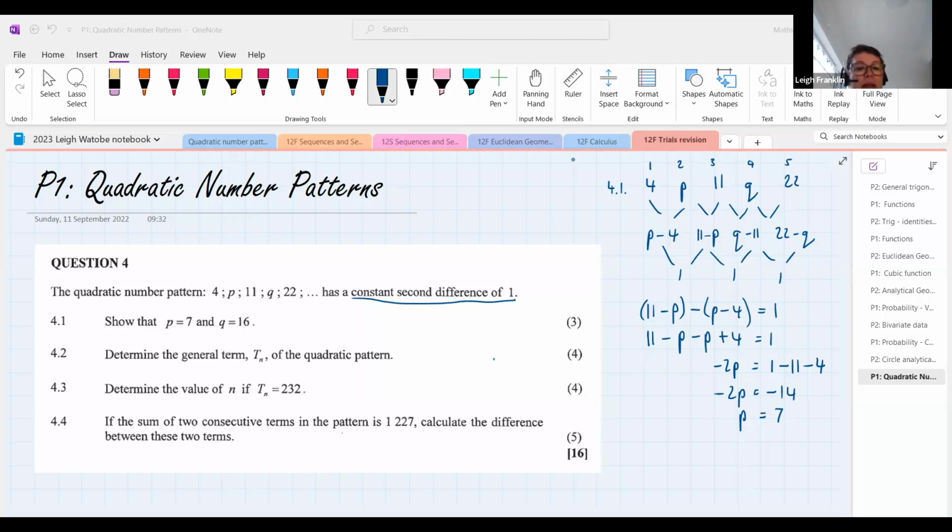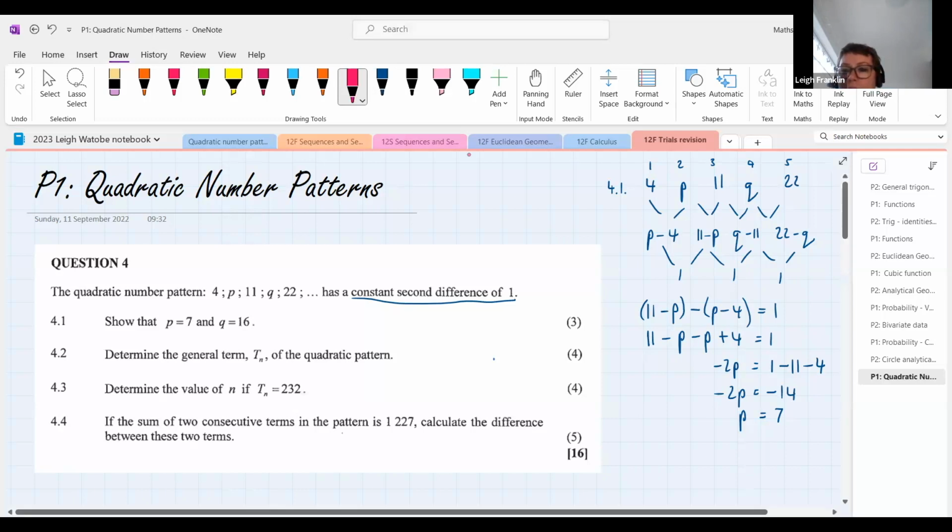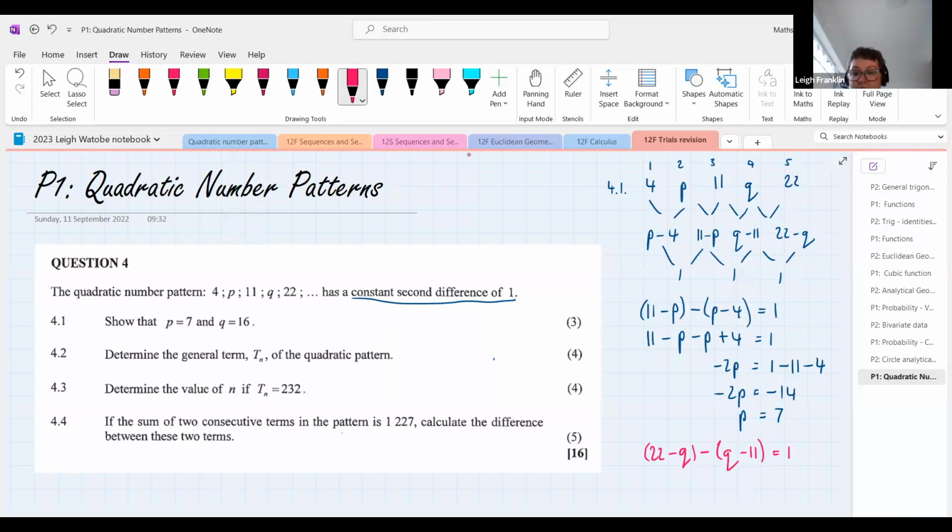Okay, cool. So we've managed to prove that p is equal to 7. Now we want to do exactly the same thing with q. So what we could do now is work with our 22 minus q, and we want to subtract q minus 11. So let's put that inside brackets, and again, that would be equal to our second difference.